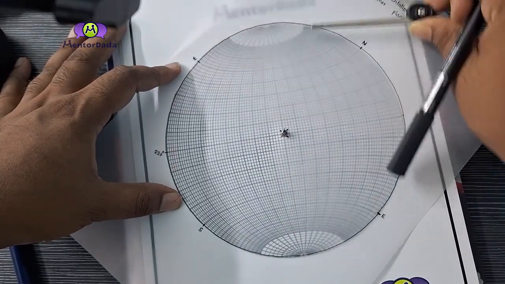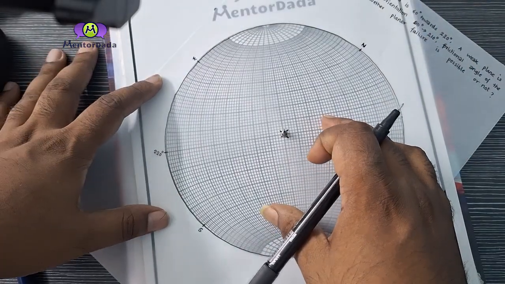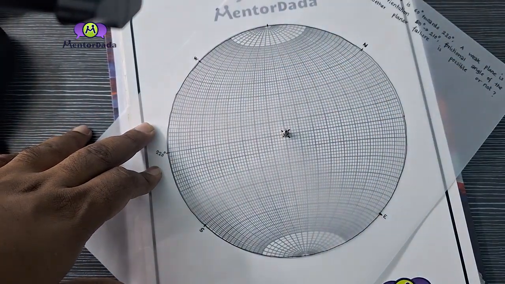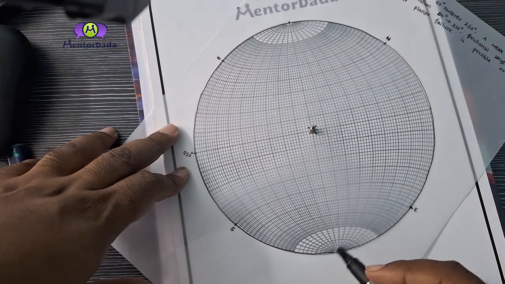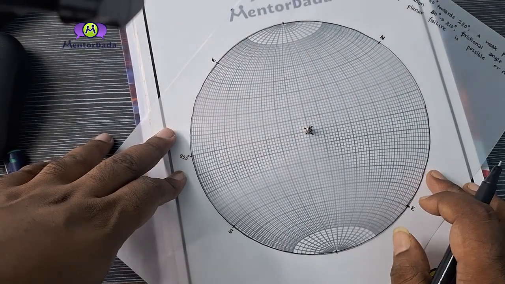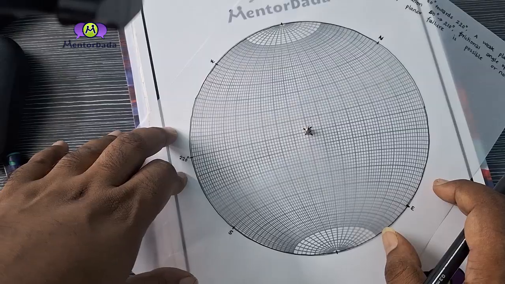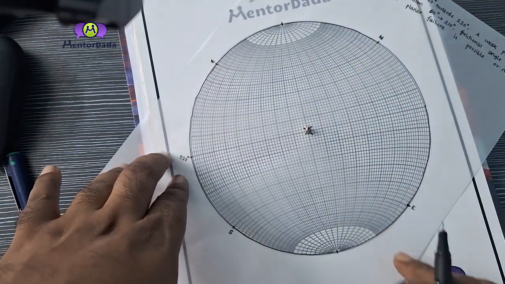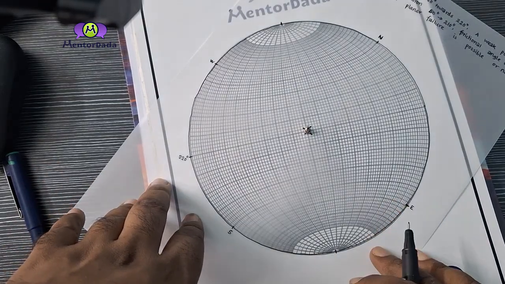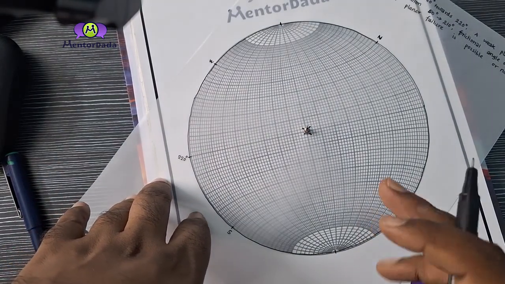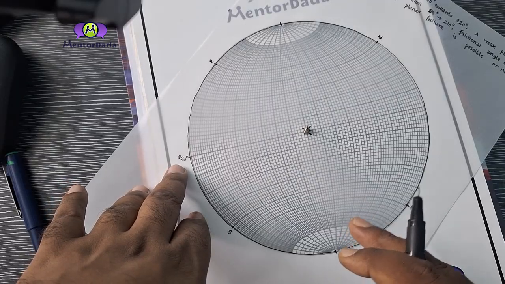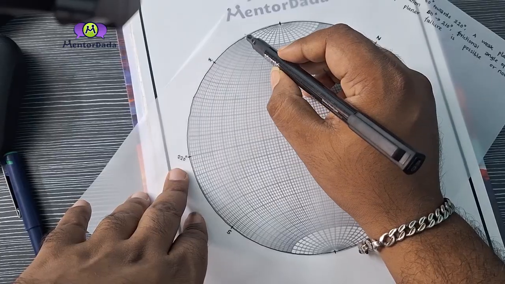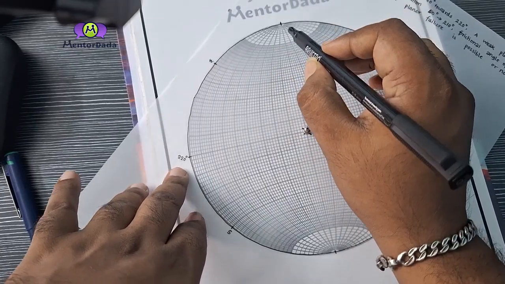So first of all we will draw the slope face. This will be the strike of the slope face, and this will be another strike of the slope face. Always remember, rather than choosing a red circle, we will take a zone within 20 degree plus and 20 degree minus with respect to this strike.